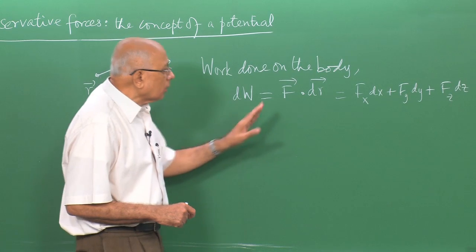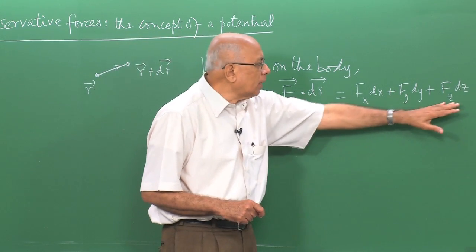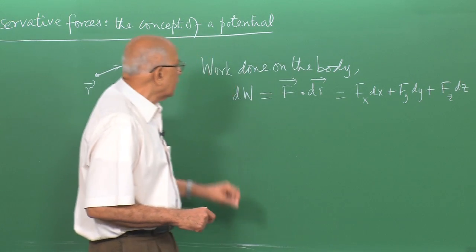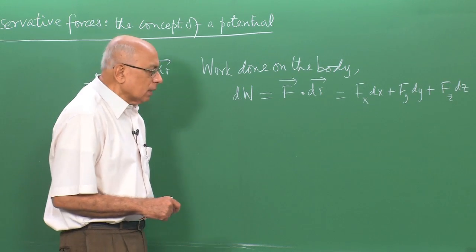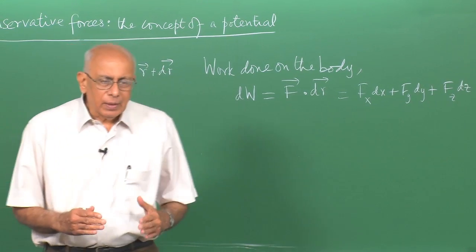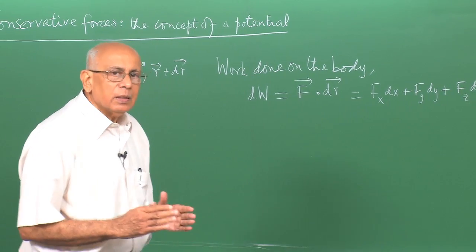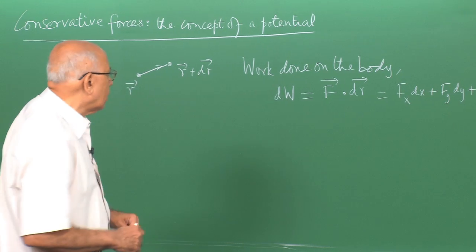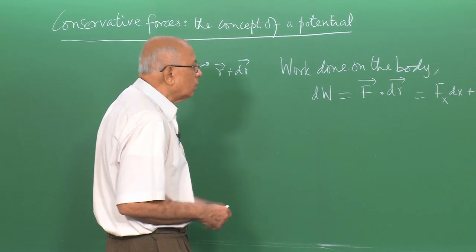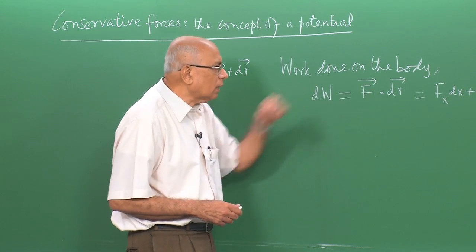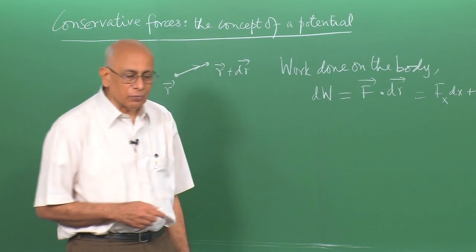For instance, suppose you did not have any displacement in the y and z directions, then dW over dx would be equal to Fx. So we have this idea that somehow the force and the work it does on a body are related to each other by this rule of differentiation. You differentiate this quantity and you end up with the component of the force.